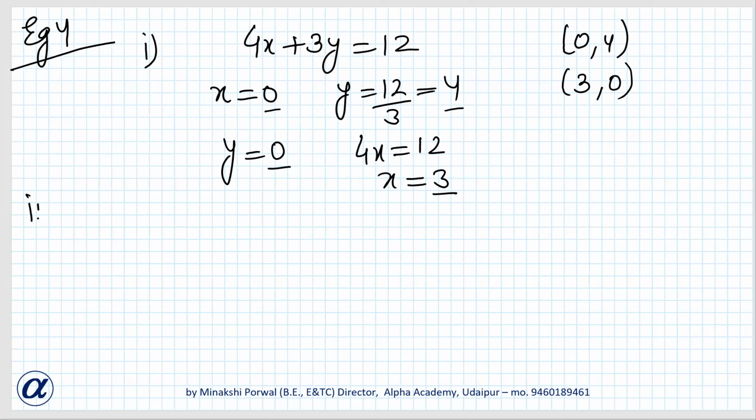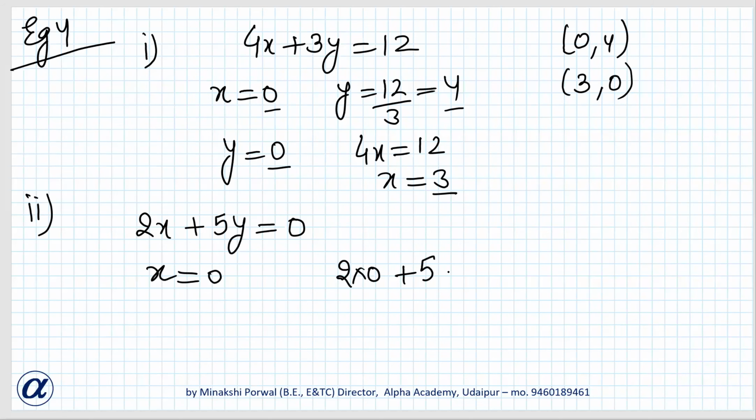Okay. Second one, 2x plus 5y equals to 0. Find 2 solutions for this one also. So suppose x is 0. So 2 into 0 plus 5y equals to 0. So 5y is also 0, y is 0. So first solution is 0, 0.